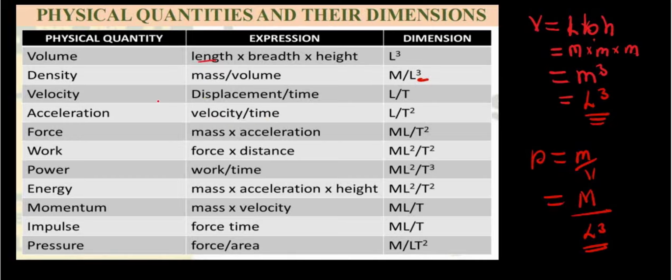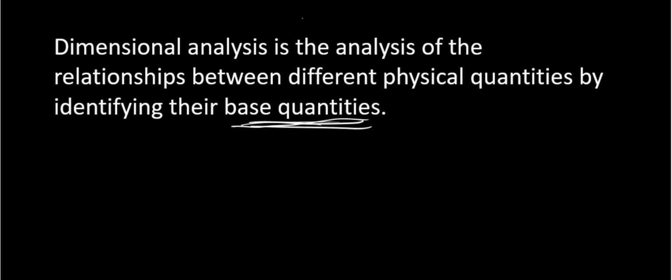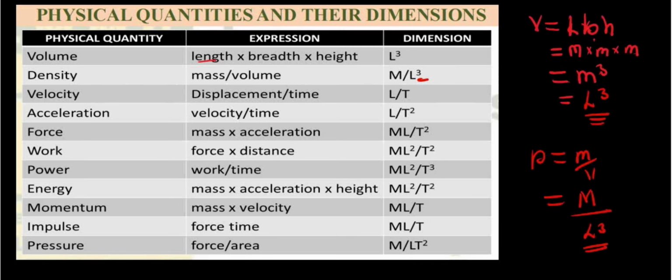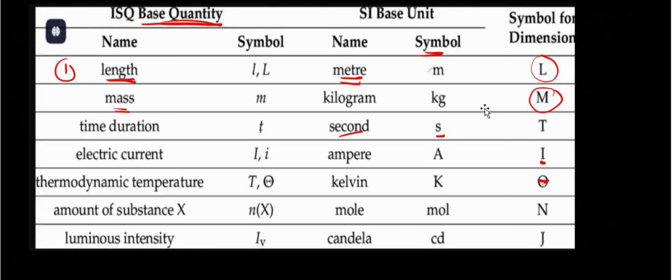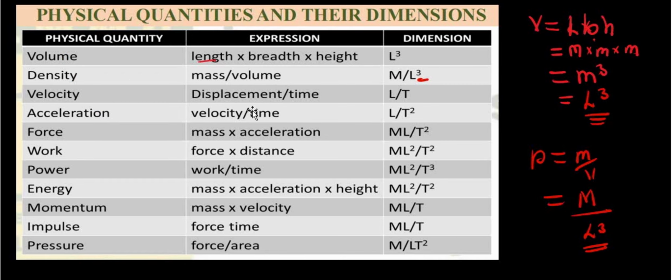So on this side, where the dimensions are, we will just be talking about the base quantities that we learned here. These are the ones that we will just be taking note of. So that's how we do these ones.